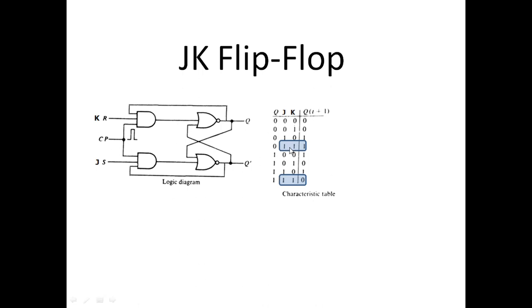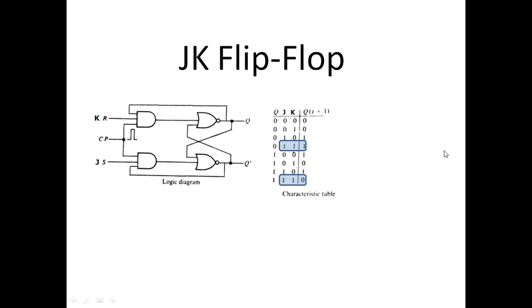If the current state is 0, it will complement it to 1. If the current state is 1, it will complement it to 0. The rest of the operations are exactly the same as the clocked RS flip-flop implemented with NOR gate. So in the JK flip-flop, by using these feedback lines, we can avoid the indeterminate state.